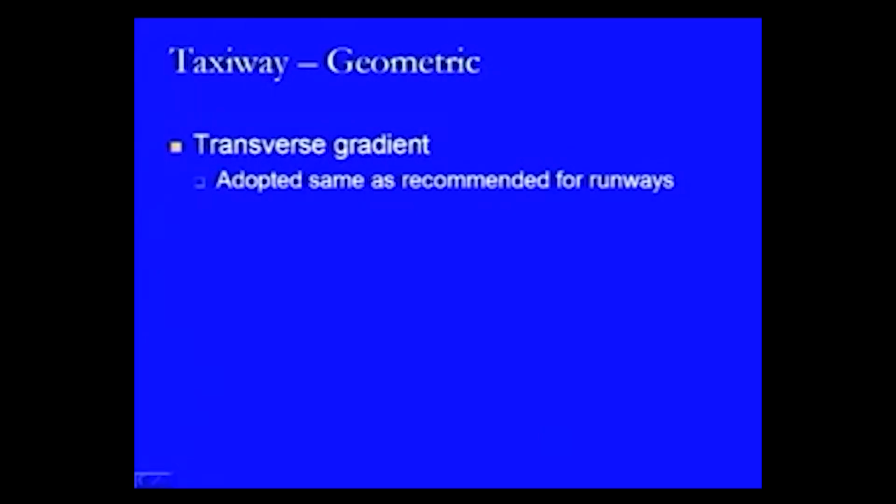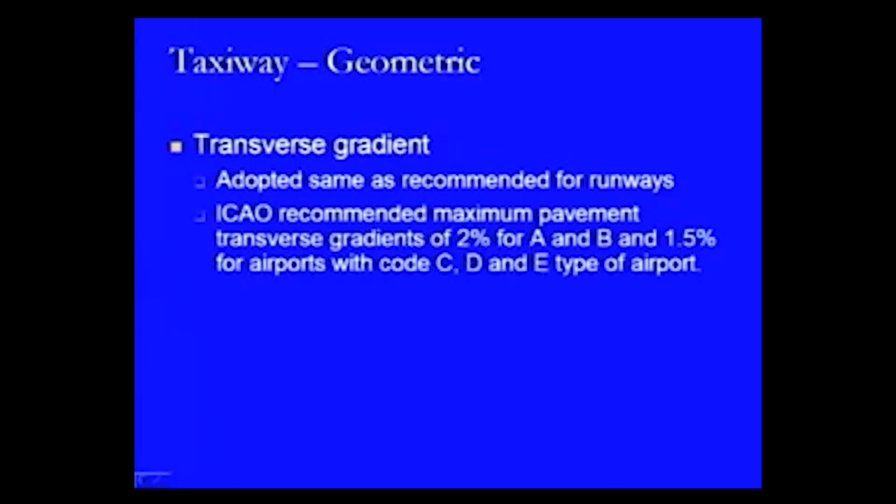They are adopted on the same recommended conditions as runways. The basic thing is that they are provided so as to drain off the water and bring the taxiways again to the dry condition, so that there is no slipping, there is no ponding of water on the taxiways, which may be detrimental and hazardous for the movement of the aircraft on the taxiways.